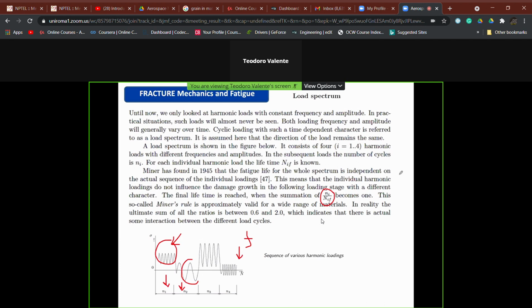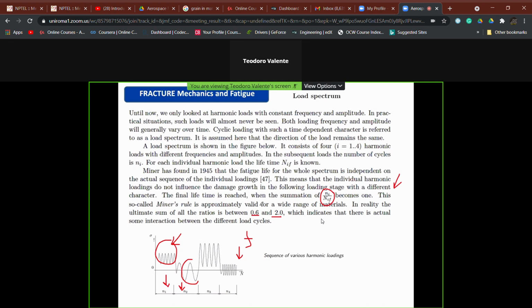This is the hypothesis which has been made by Miner. And this is called also Miner's rule, which is approximately valid for a wide range of materials, even though in some cases the ultimate sum of all these ratios can vary between 0.6 and 2. But for this special case, we know, from the literature and specialized books, that we need to refer not to 1.